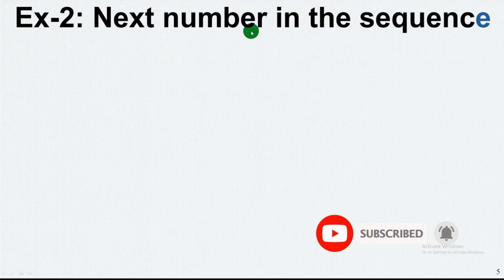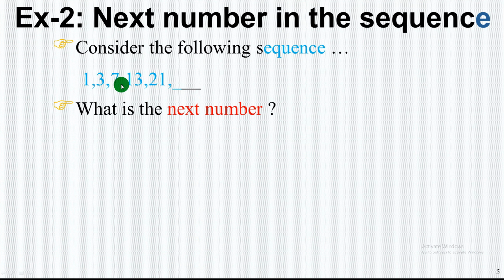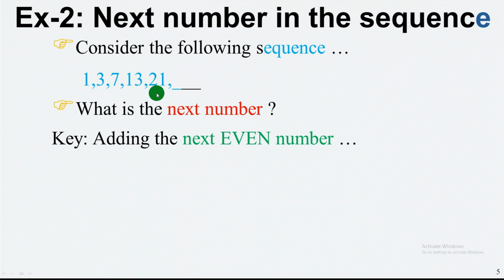The other example, the next number in a sequence. Consider the following sequence: 1, 3, 7, 13, 21. So what is the next number based on this pattern, right? To determine the next number in the sequence, just add the next even numbers.